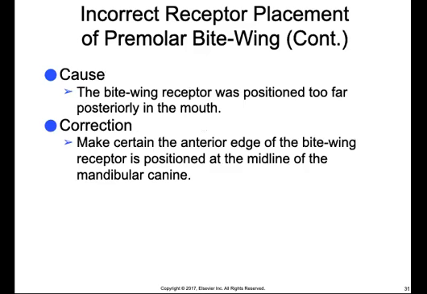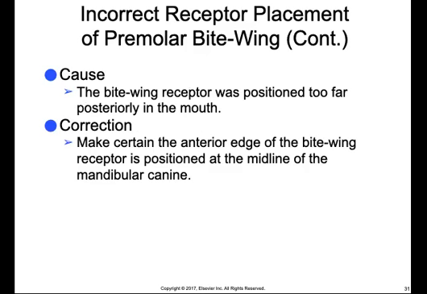And the cause of this is that the bite wing receptor was positioned too far posteriorly in the mouth. To correct for this or to prevent this from happening, make sure that the anterior edge of the bite wing receptor is positioned in the midline of the mandibular canine.